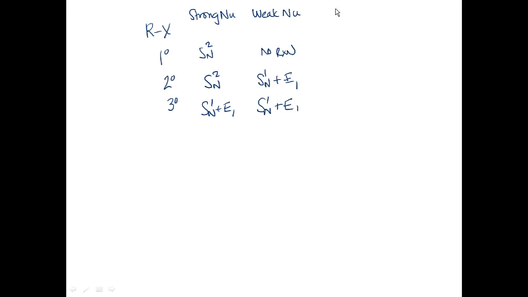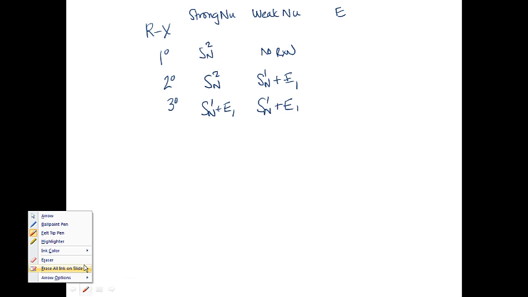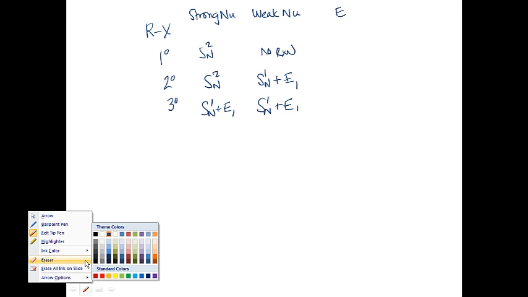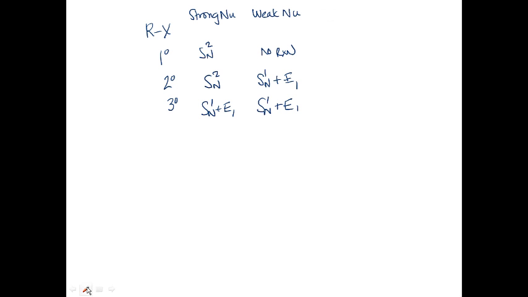Now I can add a third column to this and say, what about strong base? And my strong bases are going to be limited to NH2 minus or tert-butoxide. And in each of these cases, the mechanism is going to be E2.